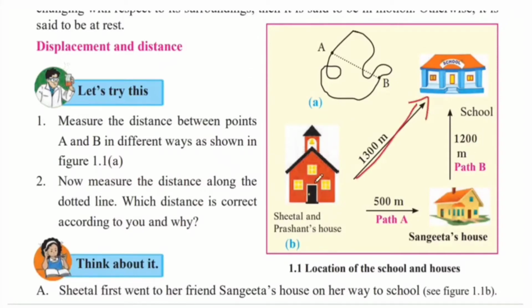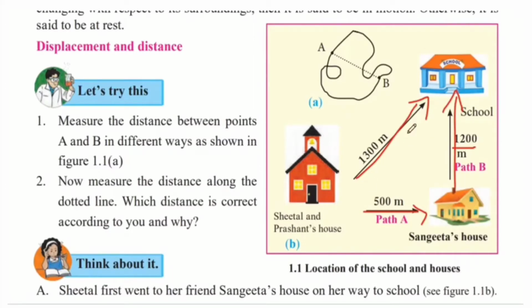And the distance between Sheetal and Prashant's house and the school is 1300 meters. Whereas Sheetal first went to Sangeeta's house, so she travelled 500 meters this way, and then from Sangeeta's house she went to school, so she travelled another 1200 meters.